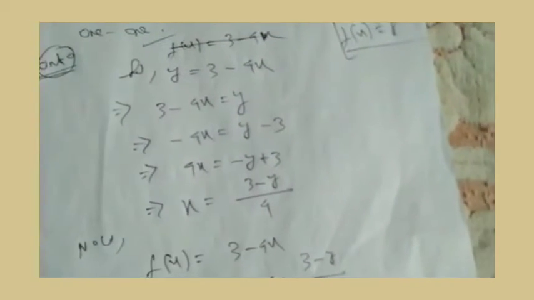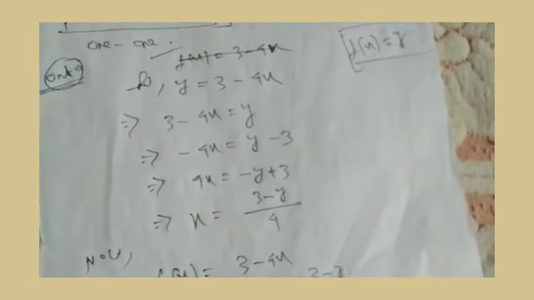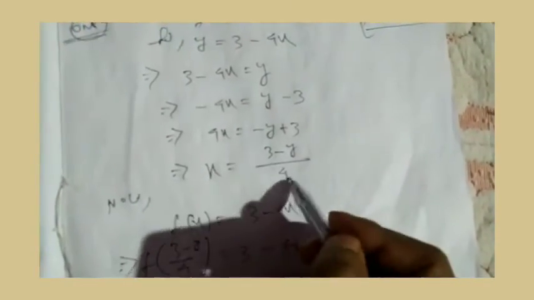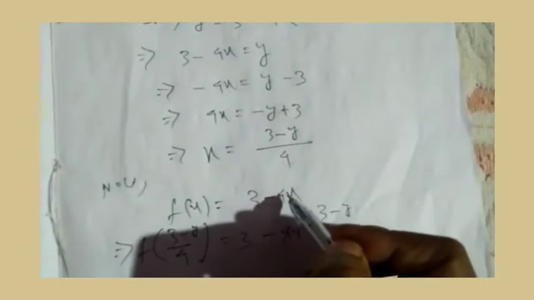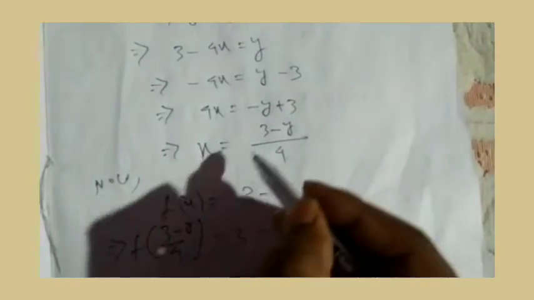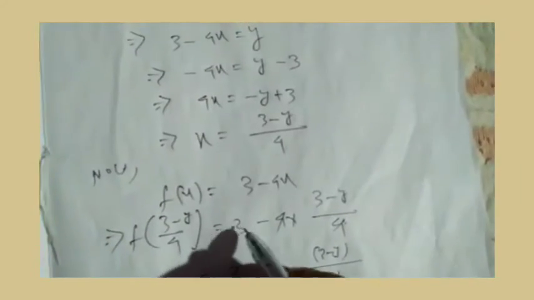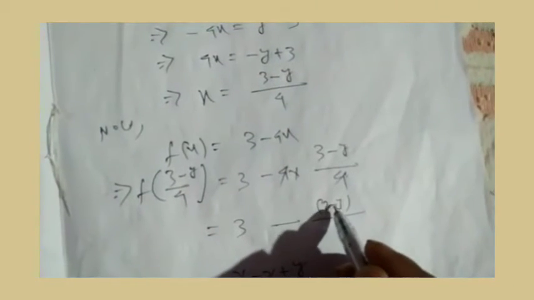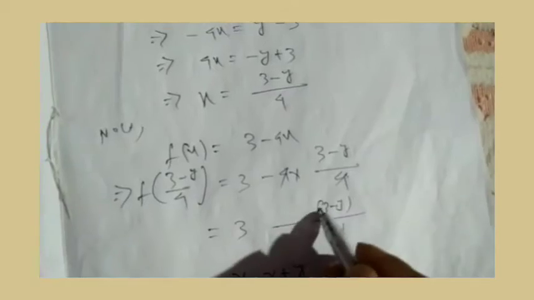As usual, I have already discussed onto functions in the previous classes. Just go through my videos, then you will get it. So I have taken out the value of x: x is equal to 3 minus y by 4. Then f of x is 3 minus 4x. Now in place of x we put this value: 3 minus 4 into 3 minus y by 4 equals 3 minus 3 plus y, which equals y.